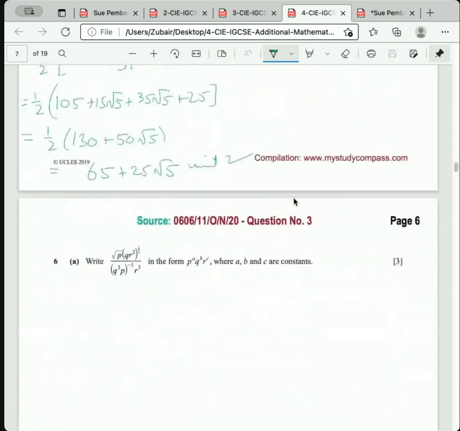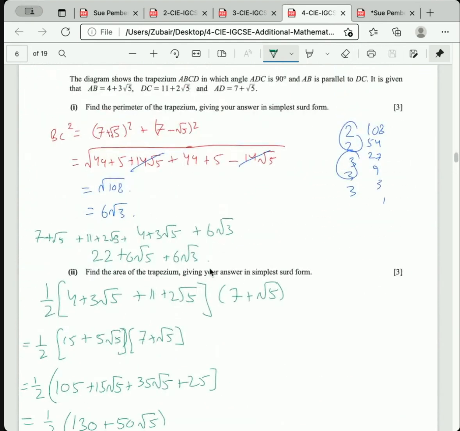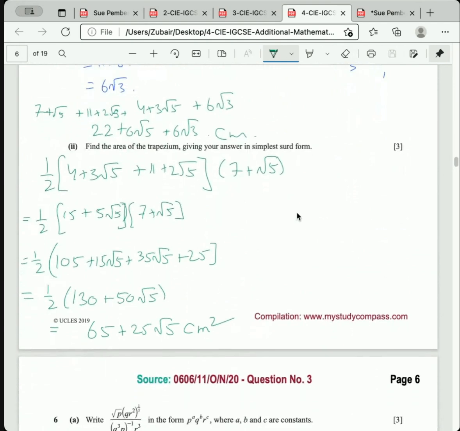Our lengths are in centimeters, so centimeter square, and the last one was centimeters. 3, 4, 5, and then we had 8.